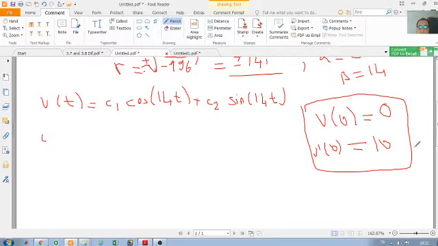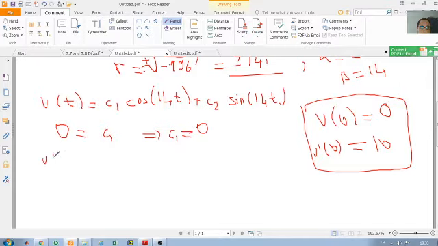So when we write 0 for t, we will find the constants c1 and c2 by using the initial conditions. 0 is equal to c1 times 1, cosine 0 is equal to 1, sine 0 is equal to 0. So from here we obtain c1 is equal to 0.